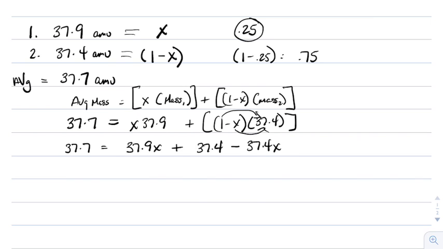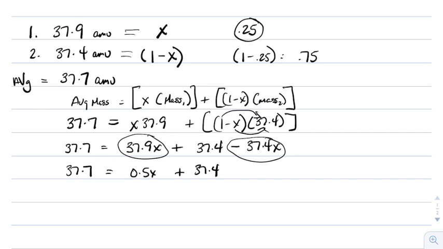Now what I have to do is combine things. So I'm going to combine this one and that one. And if I combine those two things, 37.9 minus 37.4 should end up 0.5x plus 37.4, and this is 37.7.